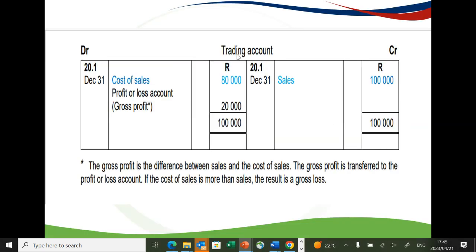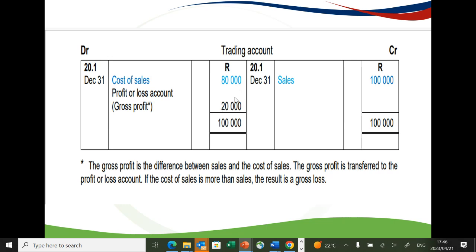You go to the credit side of the trading account, you credit that 100,000. When you credited the trading account, what did you debit? You debited sales. And the trading account was also debited by 80,000, and what did we credit? We credited cost of sales. If you compare these two, you've made 100, but the cost you have incurred is 80. So the difference is 20.